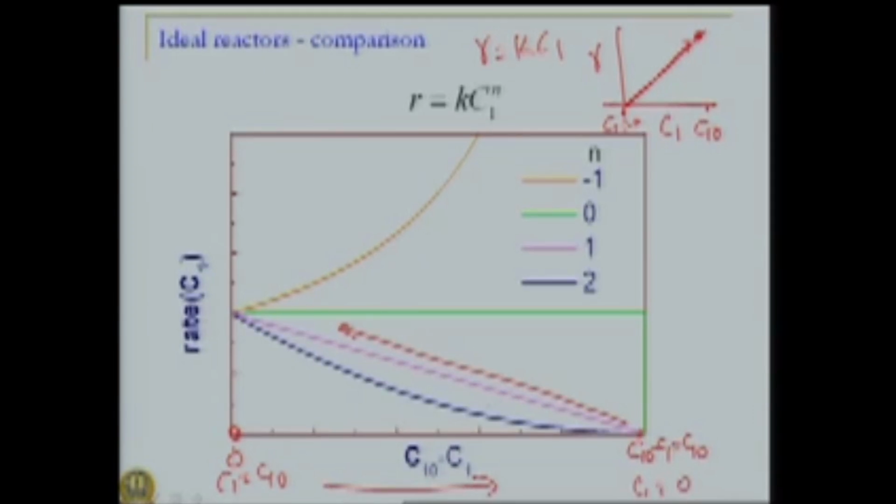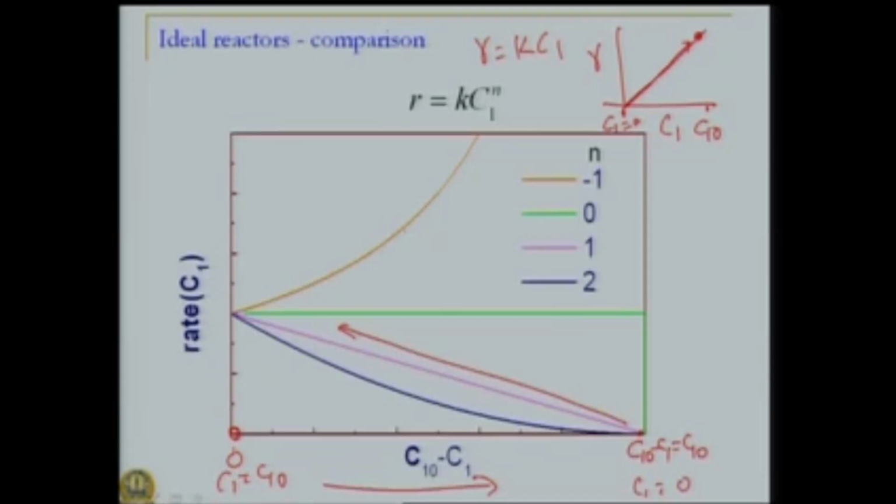So, this is the same rate plot, but in a slightly different manner. In a similar manner, we can plot for n equal to -1, 0, where rate is independent of concentration, 1 and 2. The blue line is for n equal to 2. So, Kc1 squared, Kc1, K and Kc1 raised to -1.